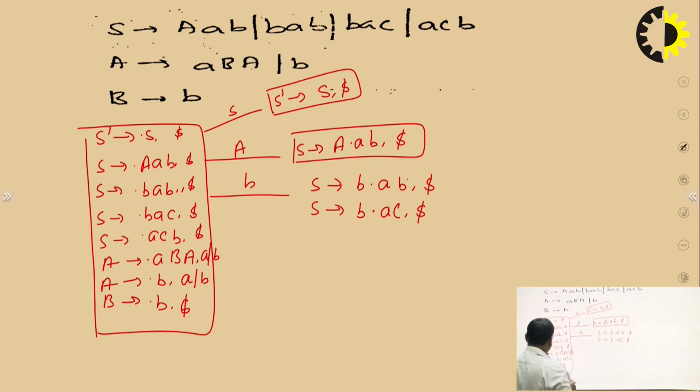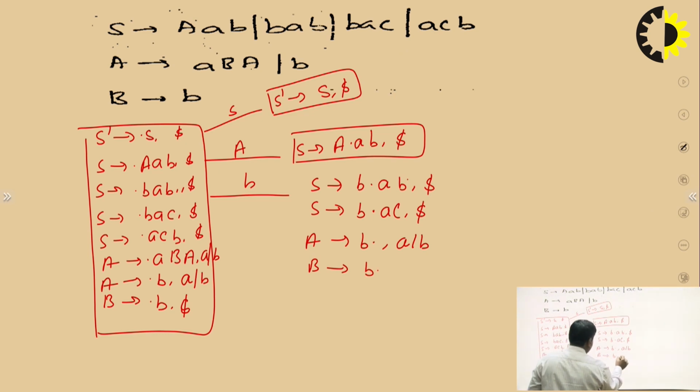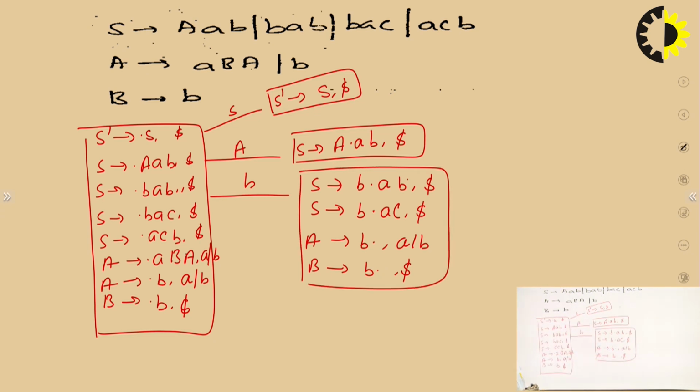And anywhere is B? Yes. And A tends to B dot, and what is the look-ahead symbol? A and B. And B tends to B dot, and what is the look-ahead symbol? Dollar. Now this is another state.